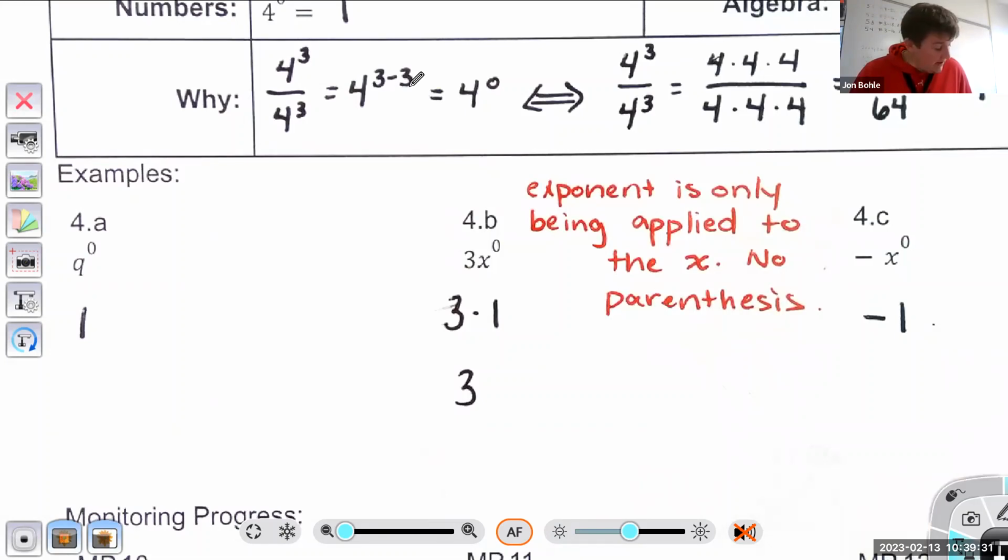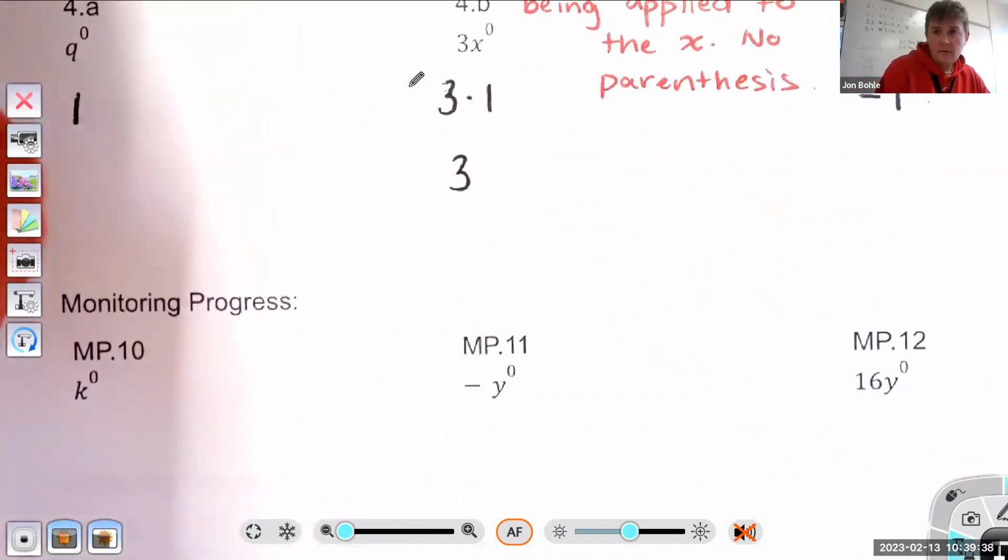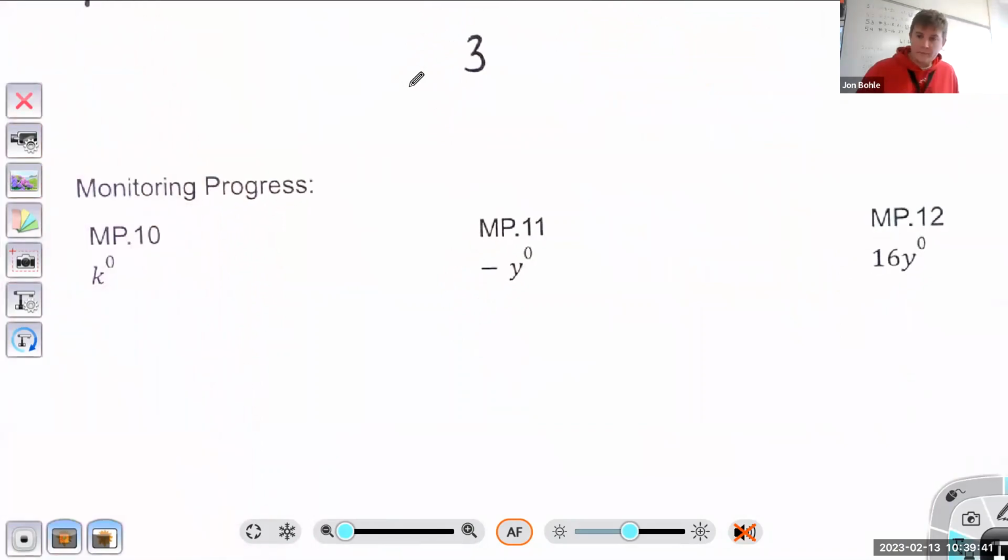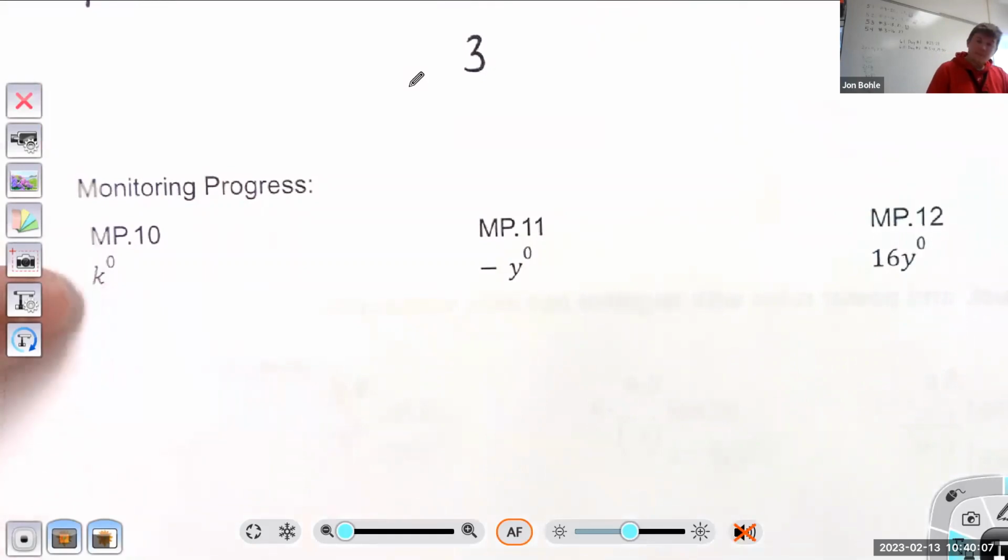Okay. Try monitoring progress 10, 11, and 12, and then we'll check it over together here in a quick moment. All right, 10.